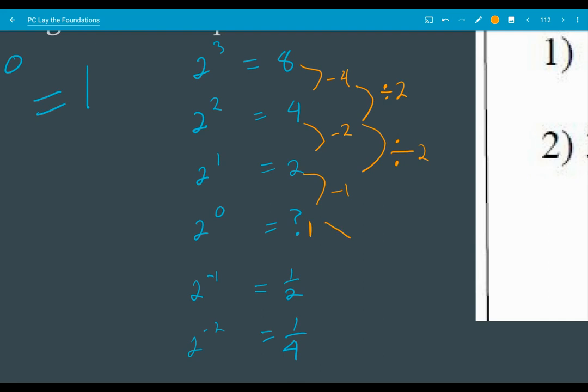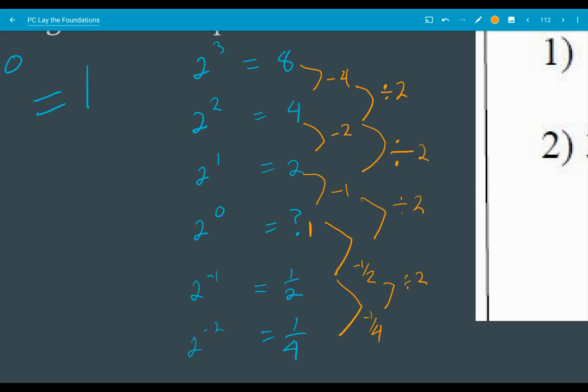Then divide by 2 to get 1/2, divide by 2 to get 1/4, and so on and so forth.